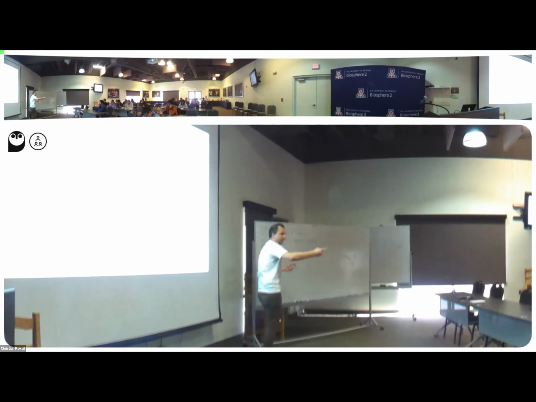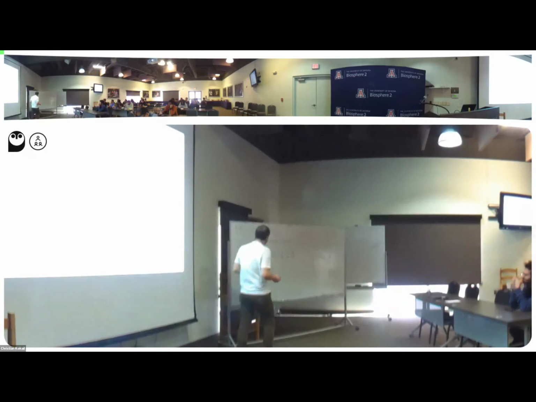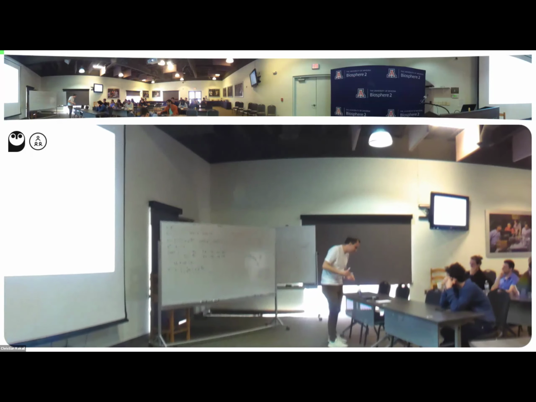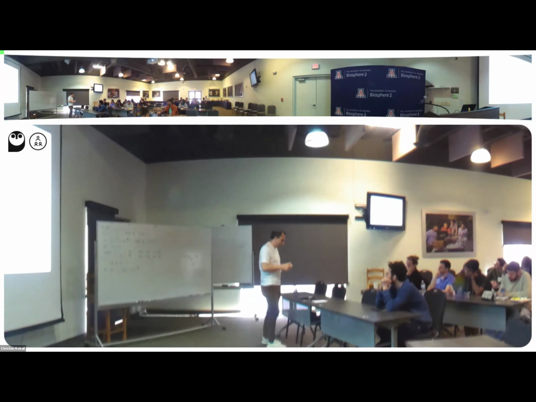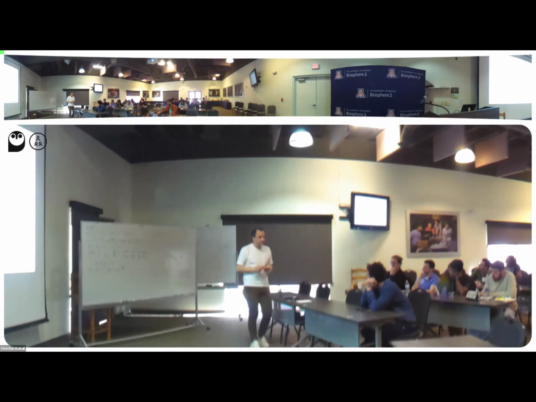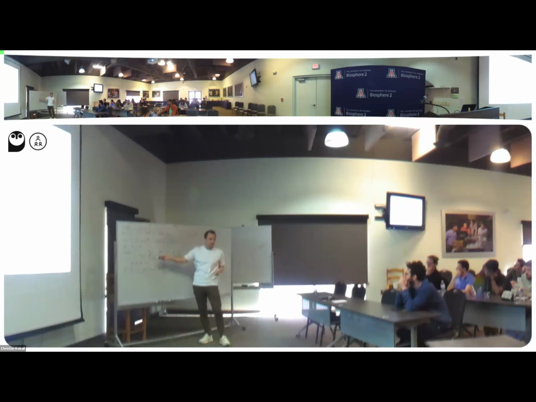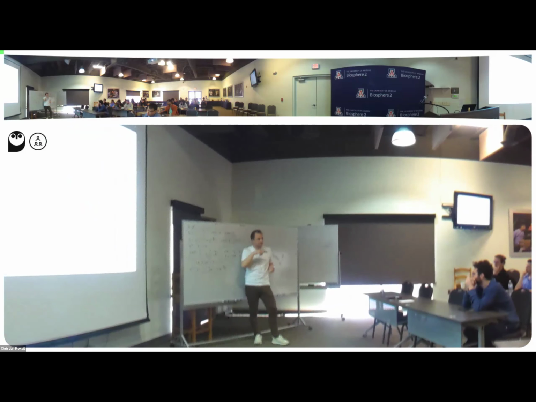You rotate by 45 degrees around the Z axis. If you have a Clifford gate set and you add the T, you're quantum universal.